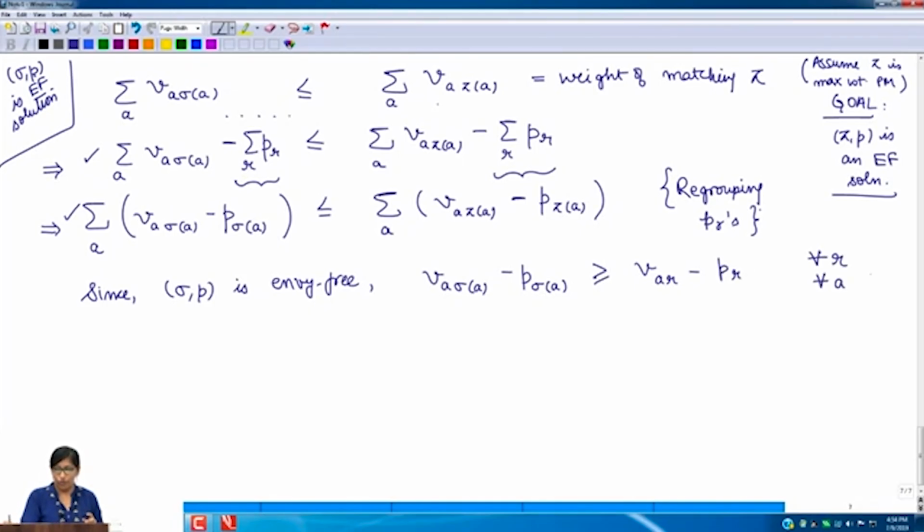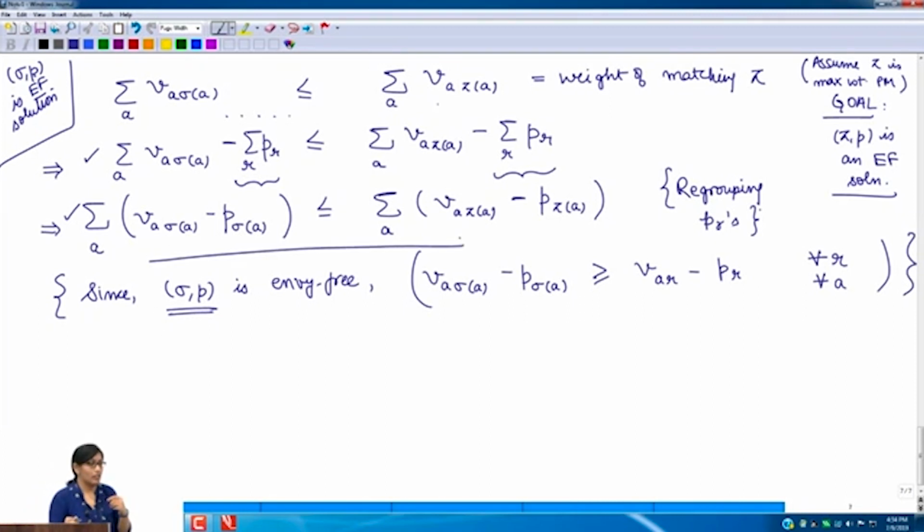Remember, this is true since sigma comma p is NV free. So what do I get if I apply this observation to this particular inequality?